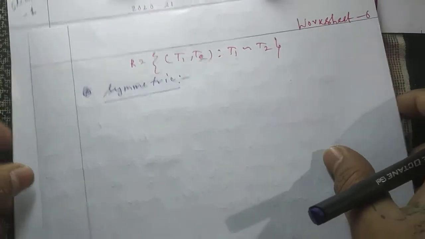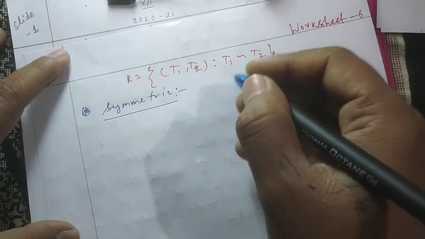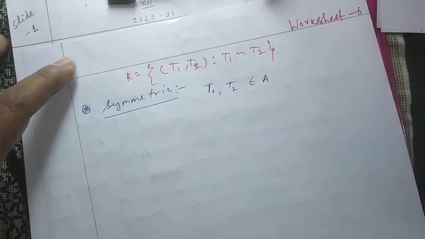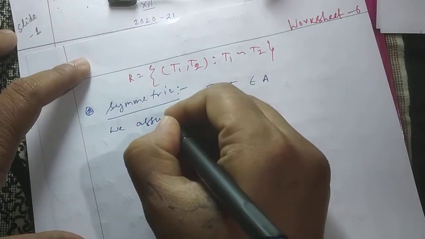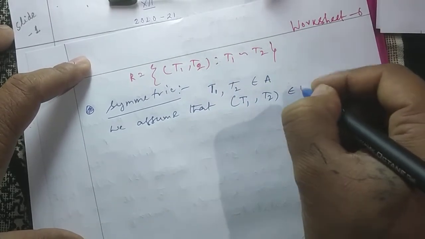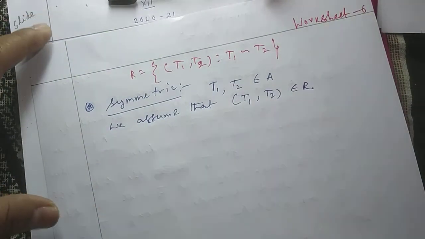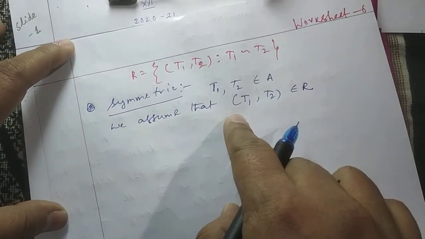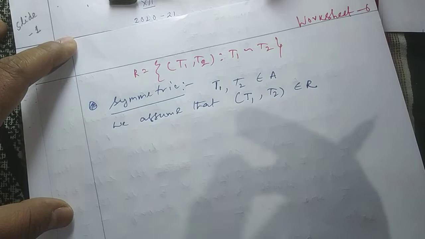Now let us come to the next point, that is symmetric, to be checked. We know to be symmetric we need to pick up two distinct triangles T1 and T2 from the given A. And at the same time we assume that the ordered pair (T1, T2) satisfies the given relation. We assume that (T1, T2) belongs to R. Now from here, if by any means we can show (T2, T1), the reverse ordered pair, belongs to R, then it will be symmetric, otherwise not.